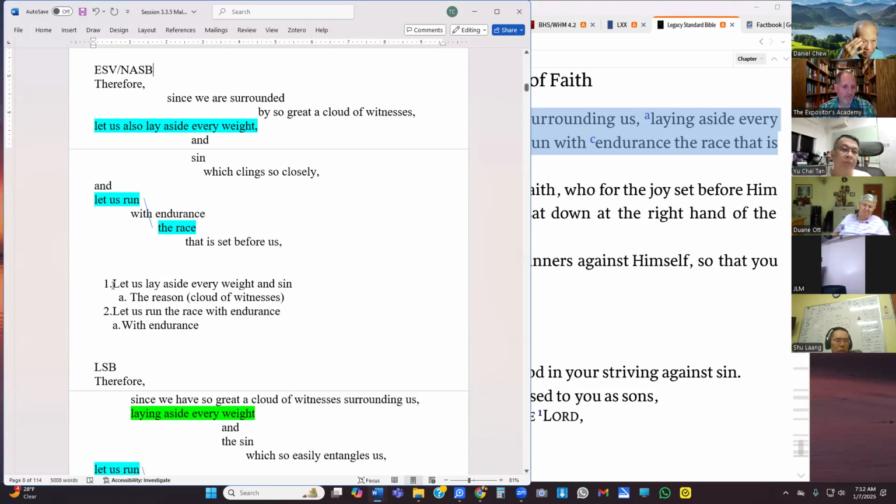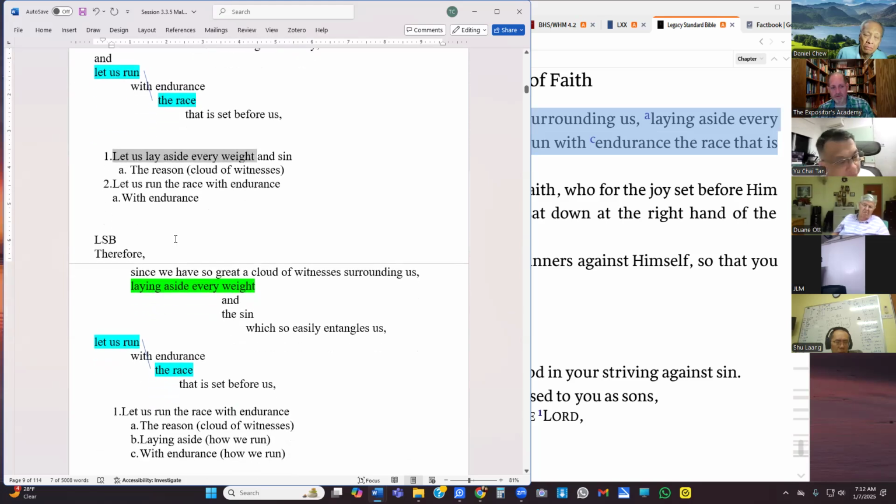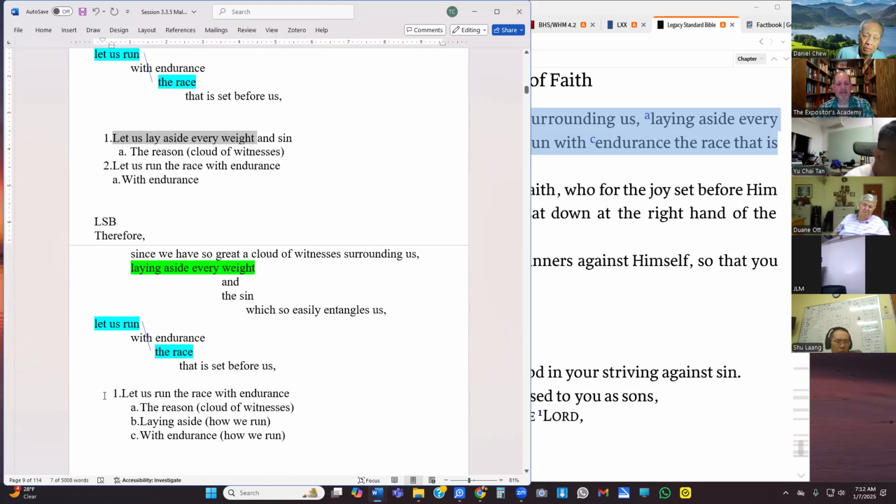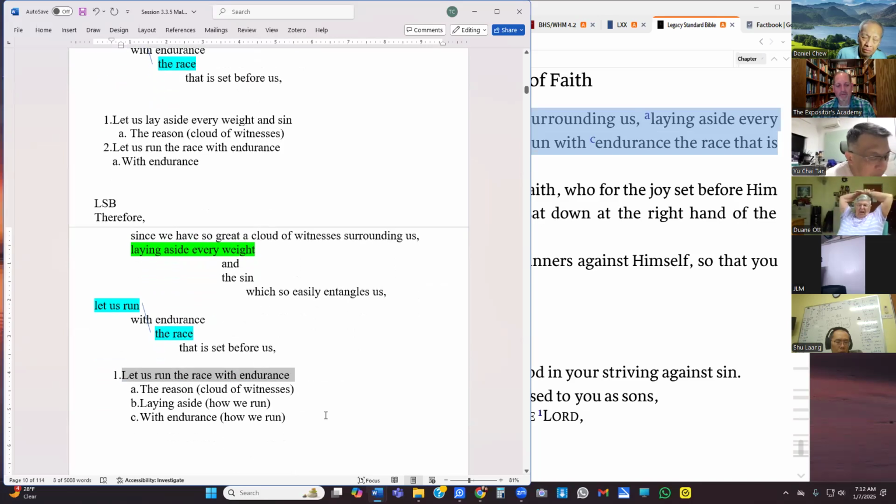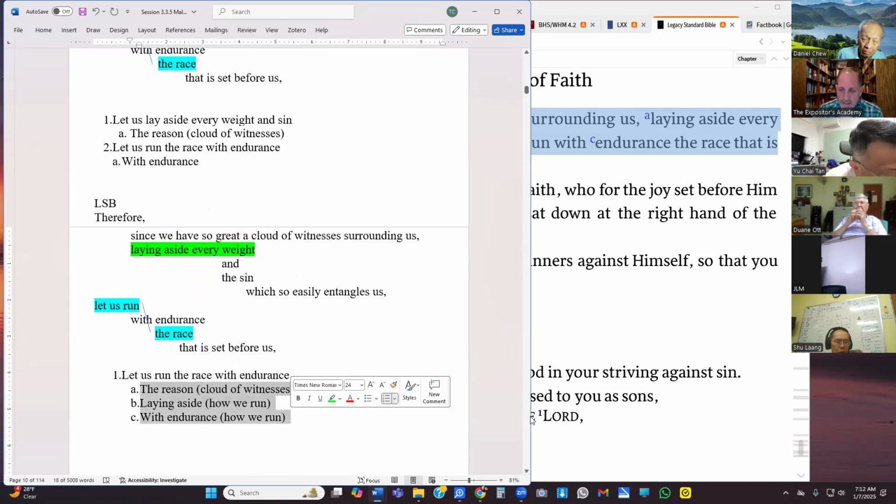And then the reason to lay aside would be the cloud of witnesses. But actually, the LSB, which is closer to the original Greek, rightly indicates there's really only one main point being made, not two, and that all of these modify that. And if you study Hebrews 10 through 12, then I think you would also see this, that the focus is running the race to endure.